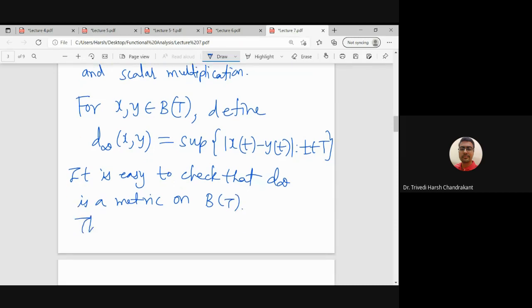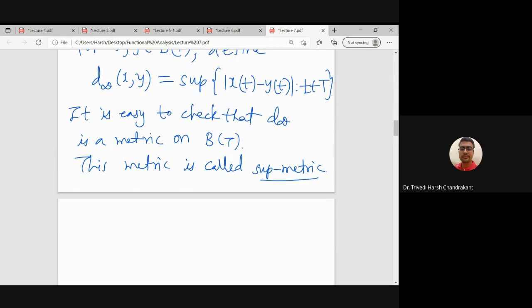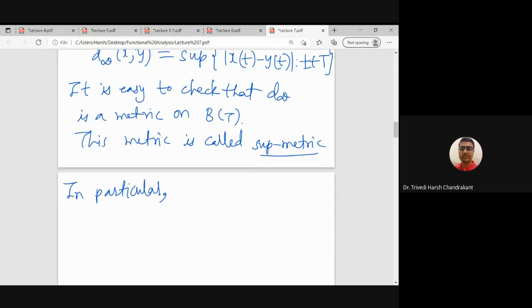This metric's name is sup metric because it is defined using the supremum, right? And in particular, it generalizes the L infinity set.